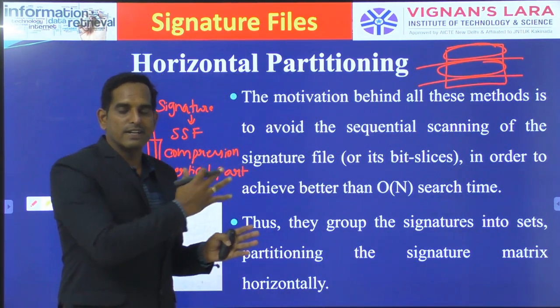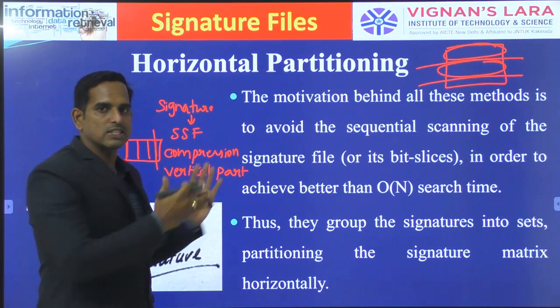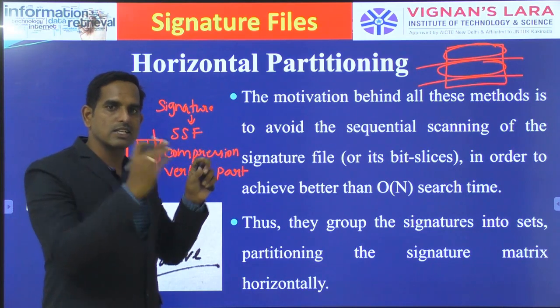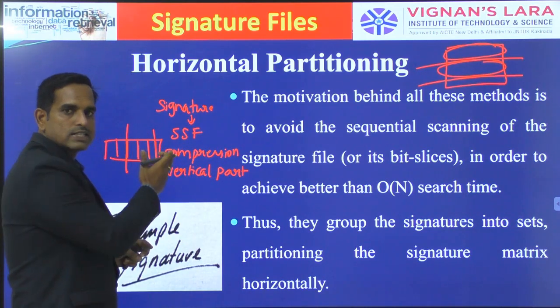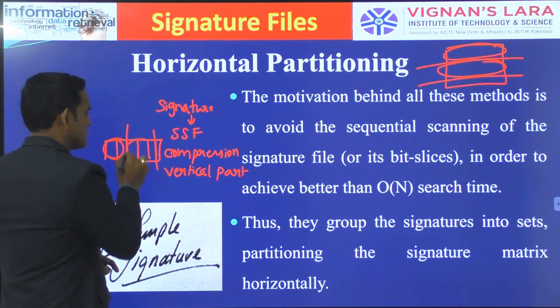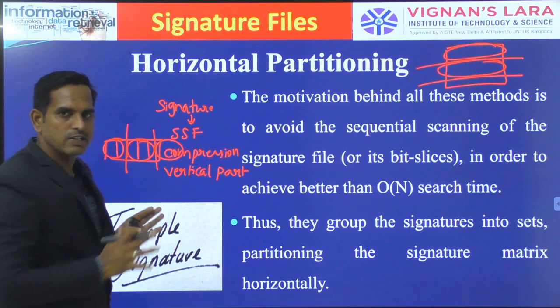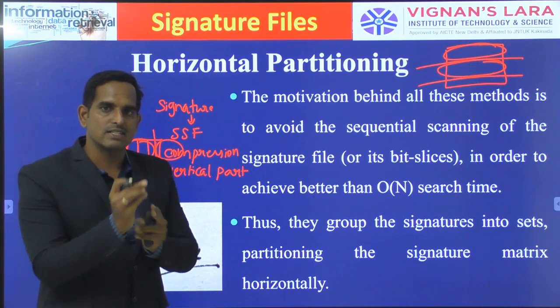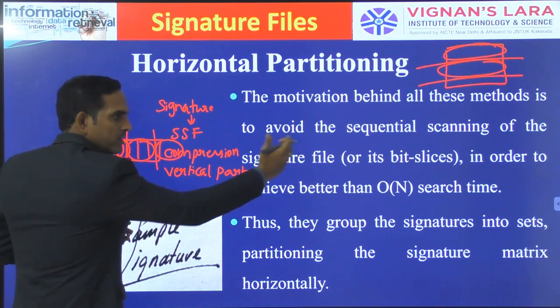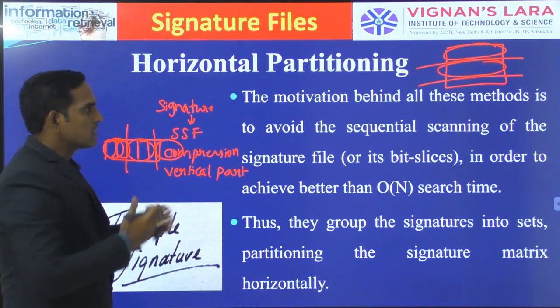So you should differentiate between vertical partitioning and horizontal partitioning. In vertical partitioning, you take the signature and look at it part by part. That is, you break down the signature into bit slices, considering each bit separately, in a vertical sense.